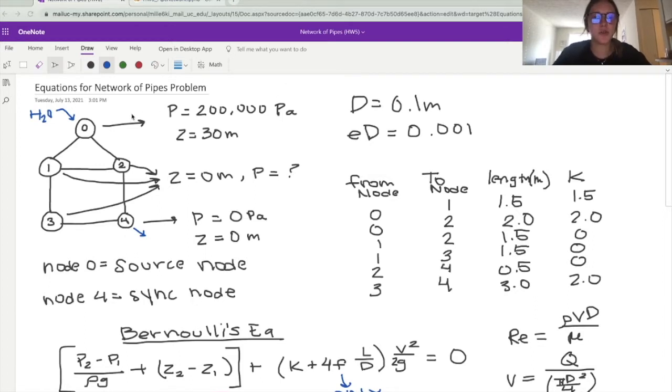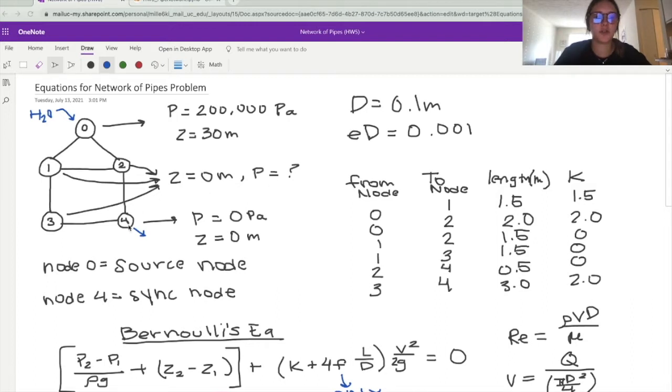Some of the values we know: at node 0, the pressure is 200,000 pascals and the height is 30 meters. For nodes 1, 2, and 3, the height is 0 meters and we don't know their pressures; those are unknown.